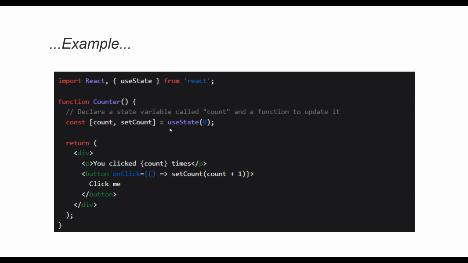So when we click on this button, the state is going to change. Here we're adding 1 to the state, so that when the button is clicked, the value is going to change from 0 to 1, and so on and so forth. So that is the use of state in React.